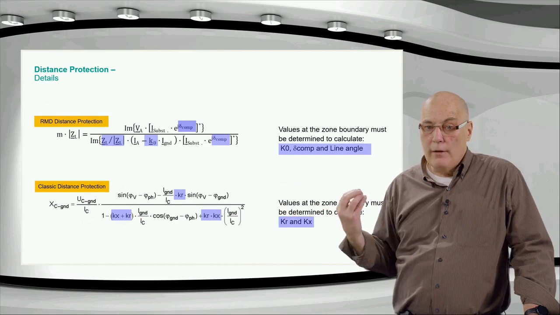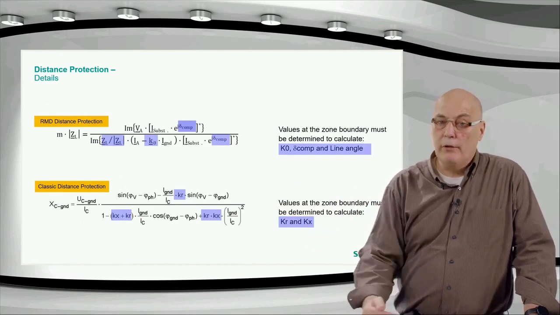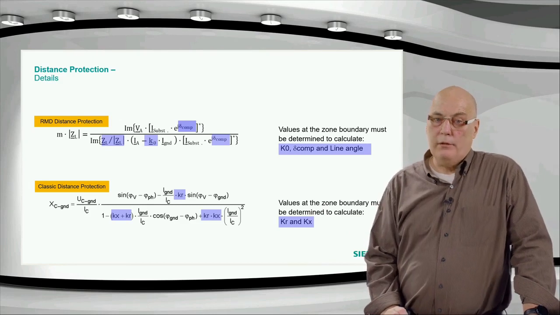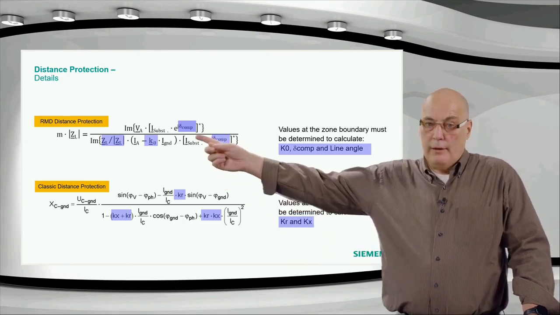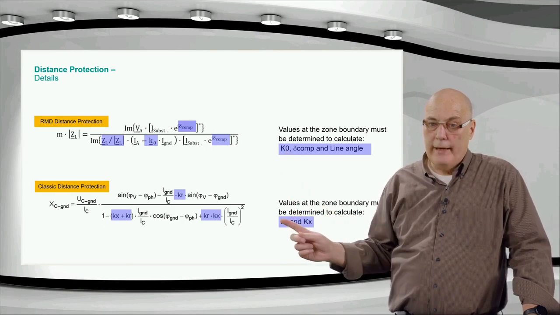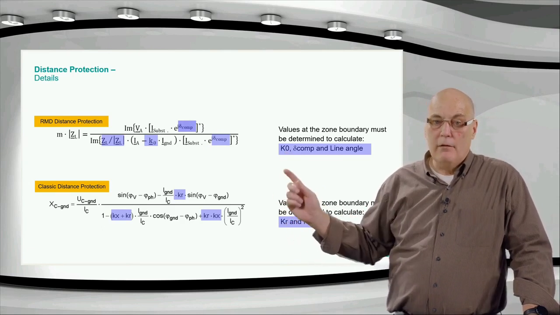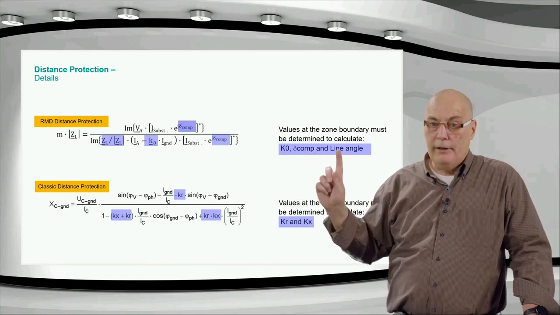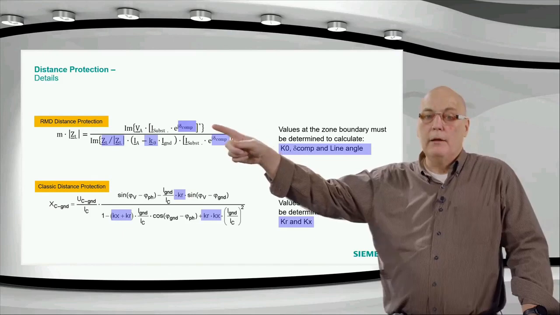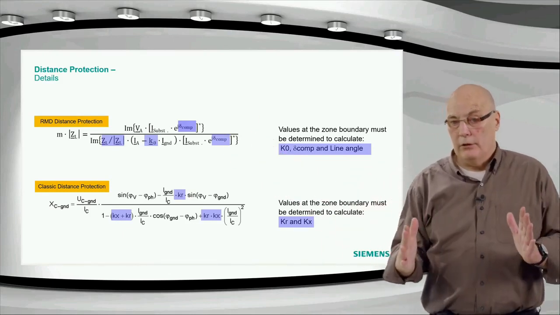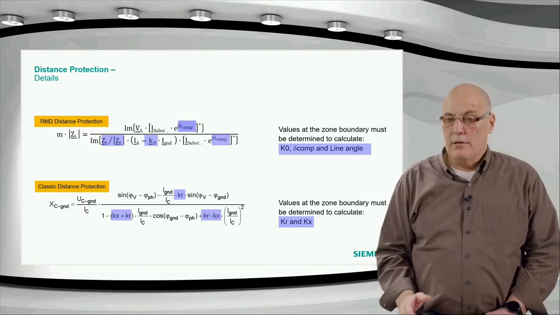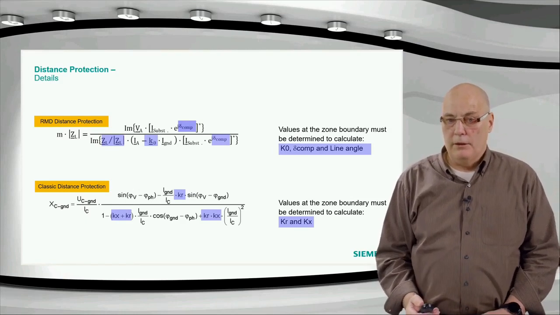They will affect the reach you have to the fault. And in the RMD, it's even more critical maybe, because the K0 is essentially a complex KR, KX. It's really the same. The line angle affects it, but also the line angle is not constant. And even if you are applying compensation factors here, they will also be affected by the location of the line. So there are even more factors which need to be calculated zone specifically on the RMD.